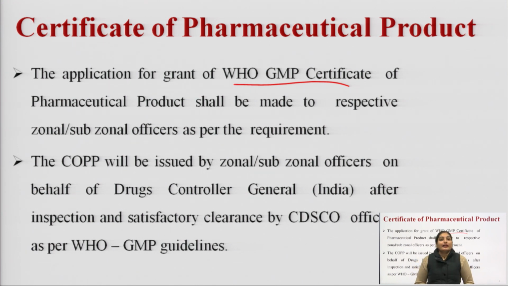The application for grant shall be made to the respective zonal or sub-zonal offices as per the requirements, and the certificate will be issued by the zonal or sub-zonal officers on behalf of DCGI, Drug Controller General of India, after the inspection and satisfactory clearance by the CDSCO officials as per the WHO GMP guidelines.